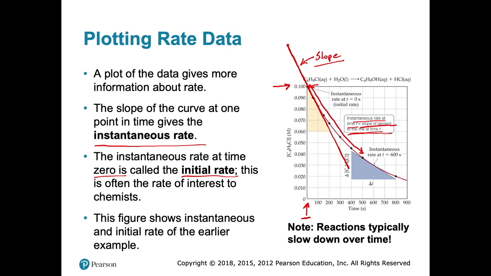So if you recall back when we were talking about graphing very early on in the semester, the slope of a line is m equals the change in y over the change in x, right?